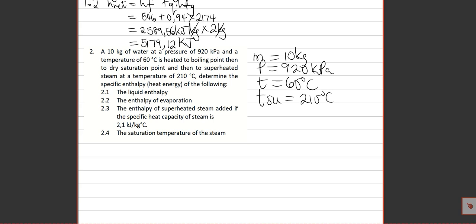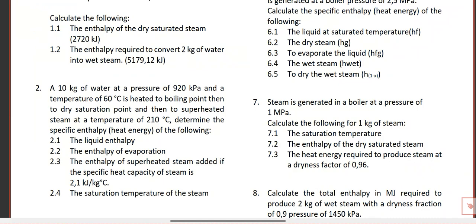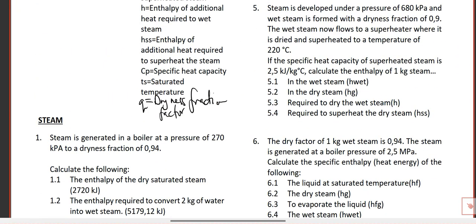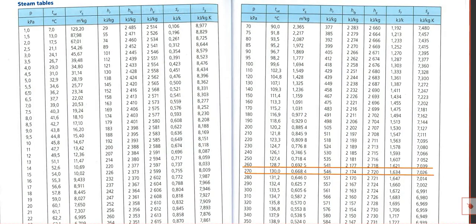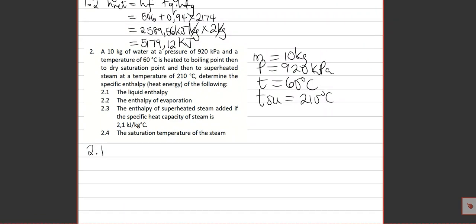Then it says determine the enthalpy, heat energy of the following. Then 2.1 comes. 2.1 says calculate the liquid enthalpy. So liquid enthalpy is expressed as HF. You're looking for liquid enthalpy at a pressure of 920 kilopascals.